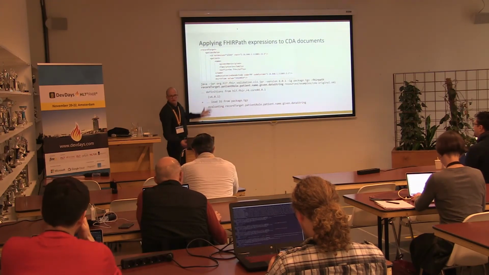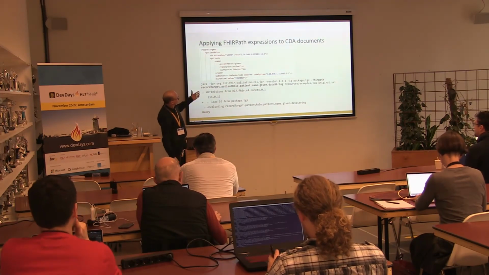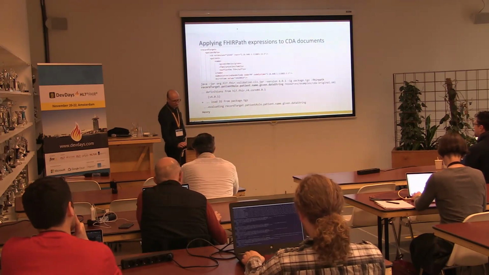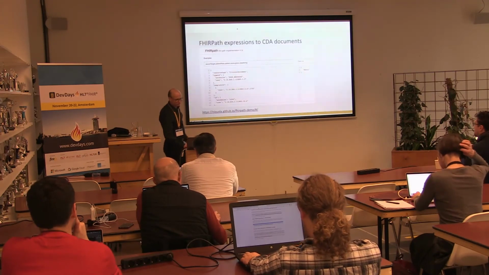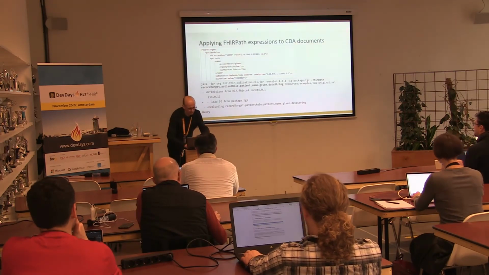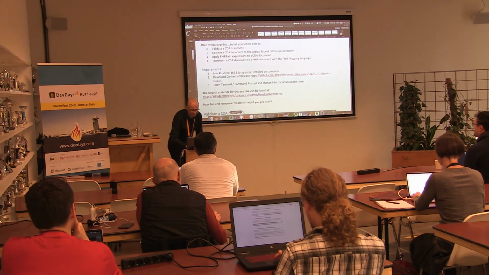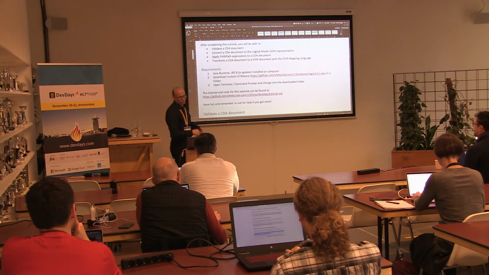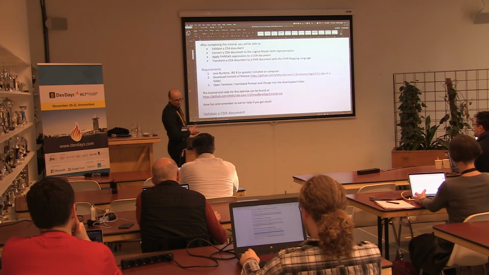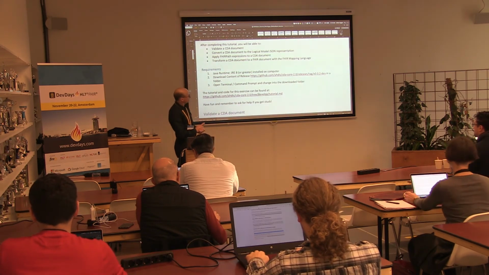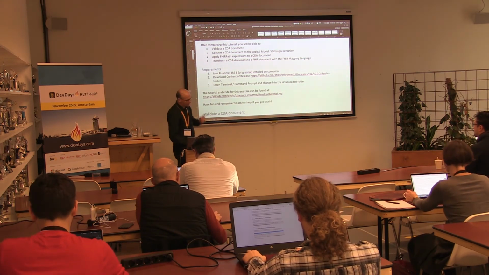So when you want to extract some information, you can use that. That would be the third part of the exercise, to apply such a FHIRPath expression to a CDA document. You can do that with the validator.